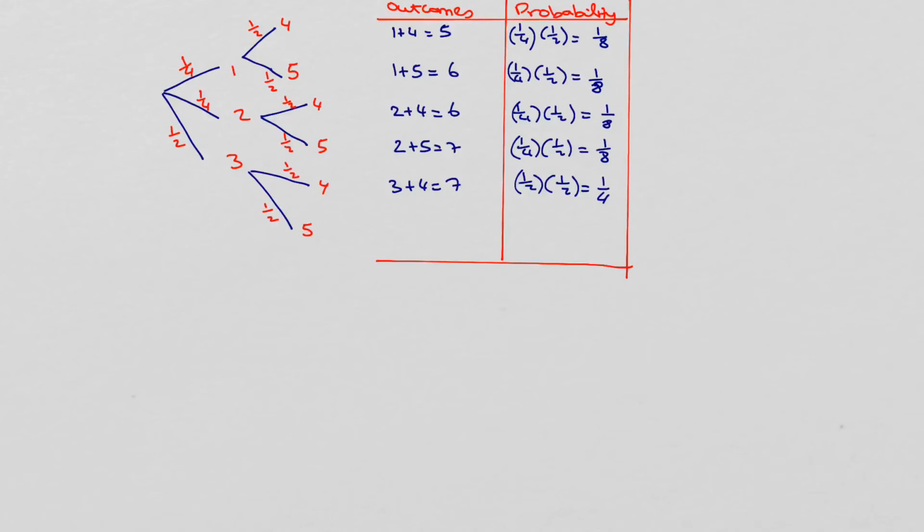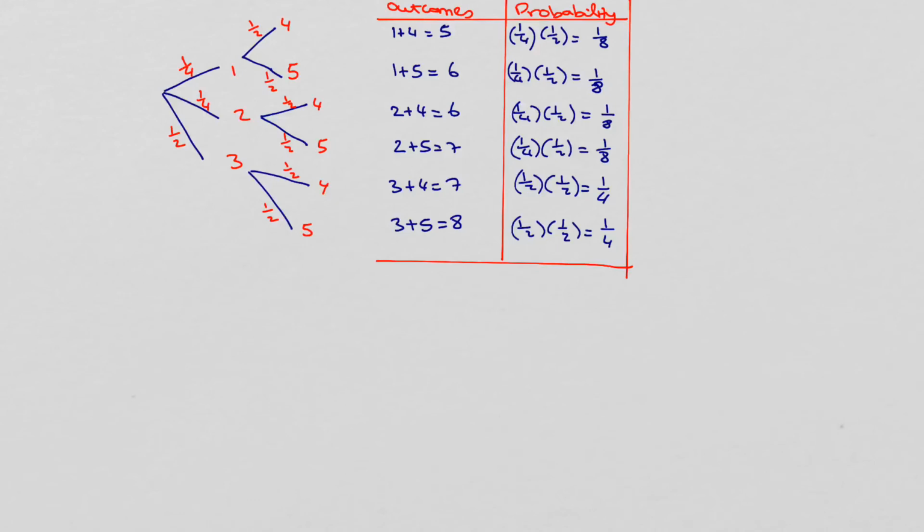And I could have a 3 and a 5, which sums to 8, which is a half by a half, which is a quarter. Okay, and again, you can check there. We have 1/8, 1/8, 1/8, 1/8, 1/4, and 1/4, and that all amounts to the total probability of 1.